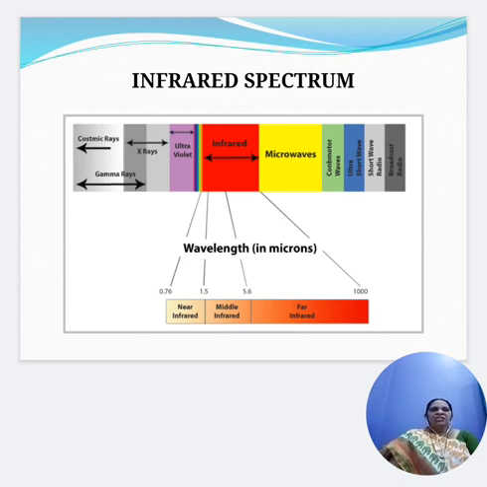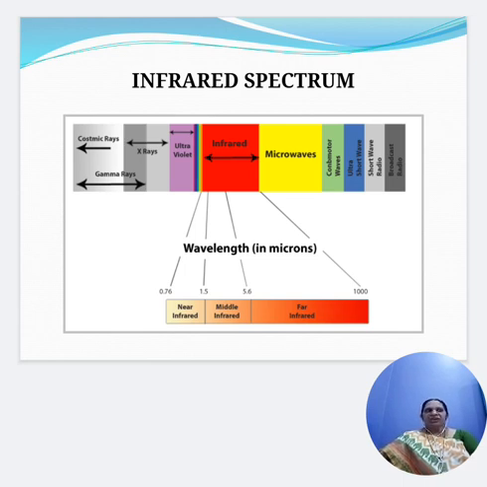It is in between the visible radiation and the microwaves. It forms a part of the electromagnetic spectrum whose wavelength varies from 0.76 microns to 1000 microns.